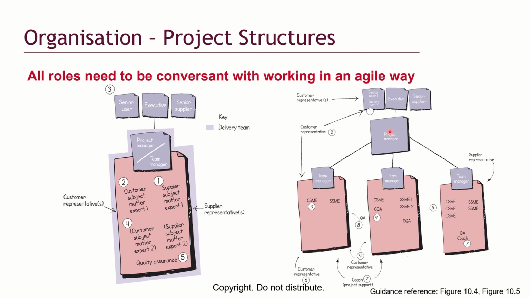The project manager role, as far as PRINCE2 Agile is concerned, is still very important. The project manager is the one to manage the teams one by one, managing different teams. But if you look at this side, you are talking more about the delivery team. Then you can also have the team manager do the job of a project manager.